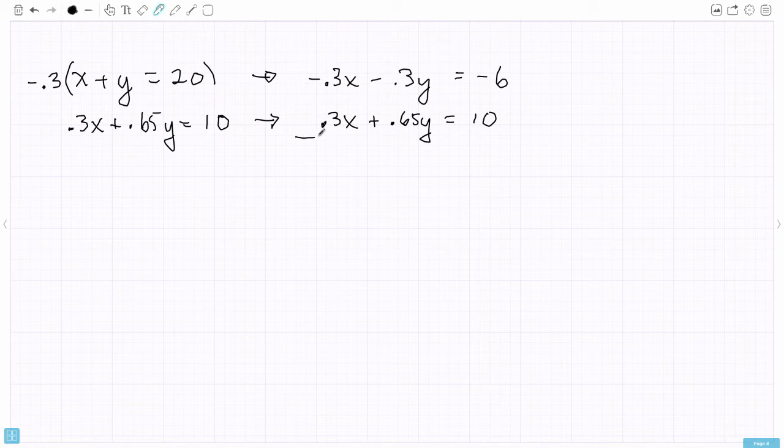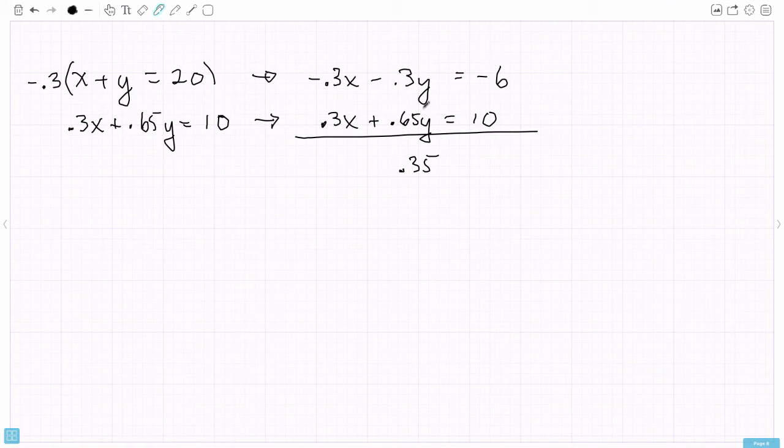Now I can add these two equations together. If both sides are equal, I could add something that's equal on either side of something that's equal, and what I get is a new equation that has to be equal, but the benefit of that new equation is that x is gone. I've got 0.65 minus 0.3y, so that's going to be 0.35y.